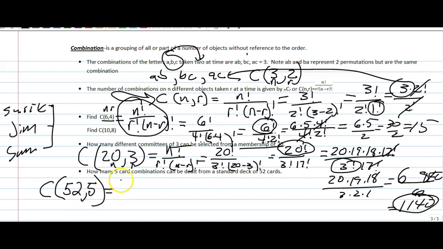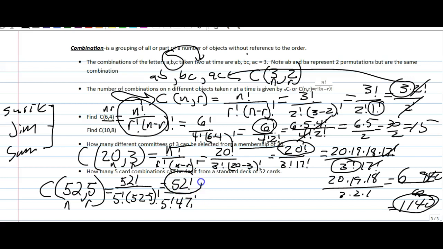So this is a combination. This is 52 factorial, which is n factorial, over r factorial, which is 5 factorial, times n minus r, which is 52 minus 5 factorial. This would be 52 factorial over 5 factorial times 47 factorial.